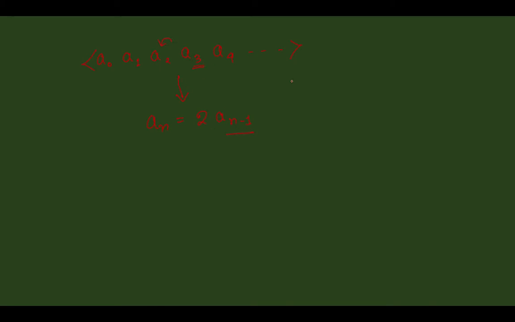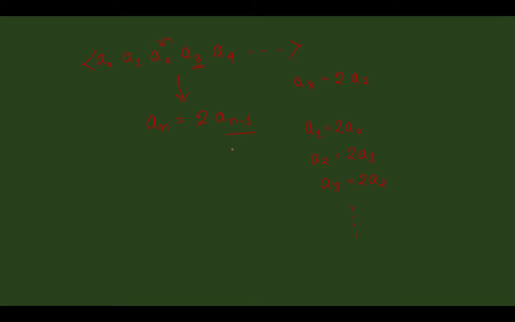For example, a3 would be 2 into a2. So if I write this down serially, A1 would be 2A0, A2 would be 2A1, A3 would be 2A2, and so on. So this is a recurrence relationship.